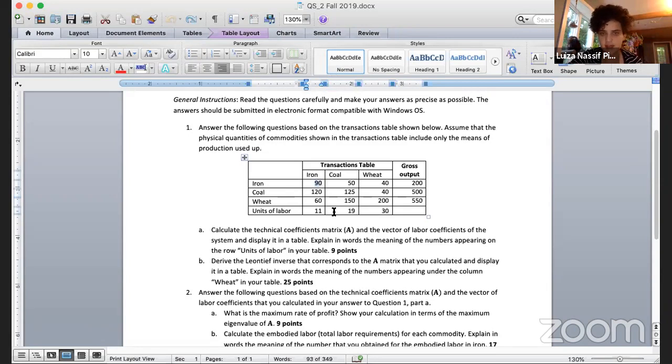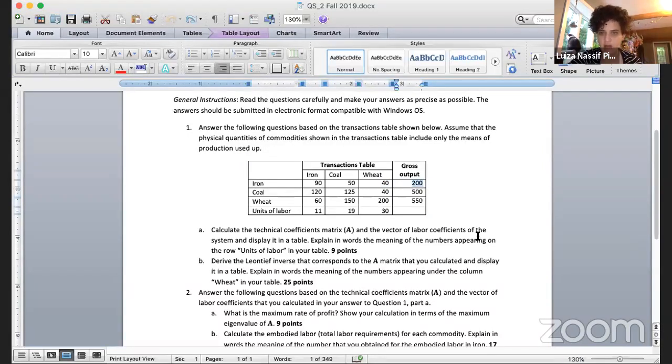So you have 90 of iron that is being sold to the iron sector to produce iron. 50 of the iron is being sold to the coal sector to produce coal, and 40 to the wheat sector to produce wheat. And the total production of iron, the gross output, is 200.